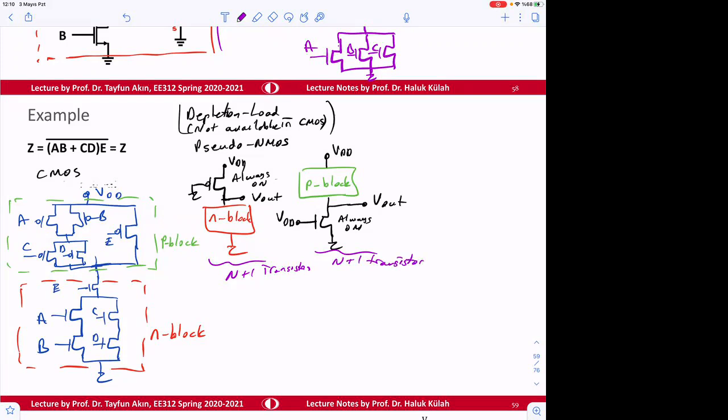N is the number of inputs. So here, however, in CMOS, you need 2 times N transistors.